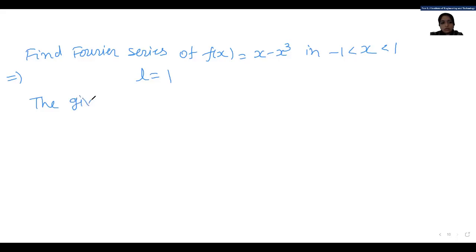So the given function, yes, many students are writing in the chat box that the given function is odd, and you all are right. The given function is odd. As the given function is odd, what will be our next step?